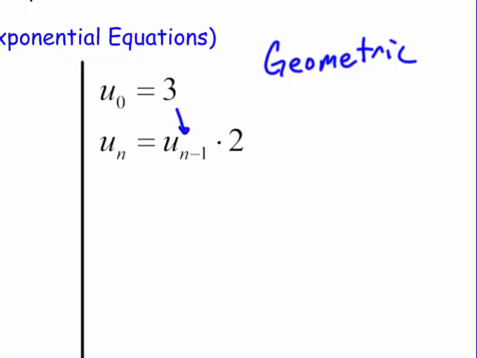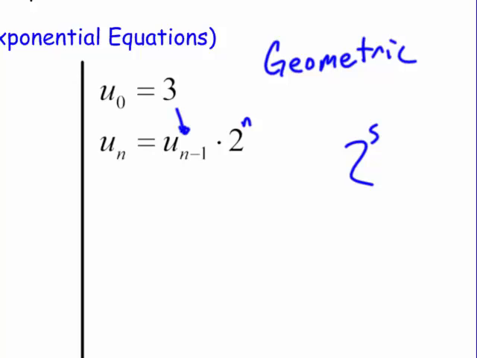This 3 goes in for the previous term, and instead of being multiplied by n, let's think about this. That would be if it went up 2 each time, but it's being multiplied by 2 each time. So what would I do with the 2 if I wanted to multiply it 5 times? I wouldn't do it times 5, I'd do it to the 5th power. So the n really goes to the exponent now.